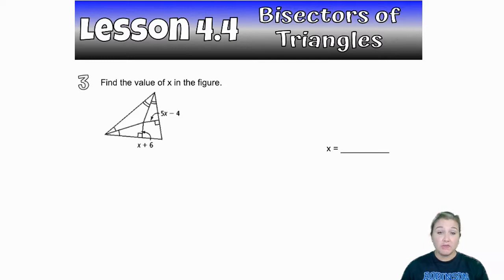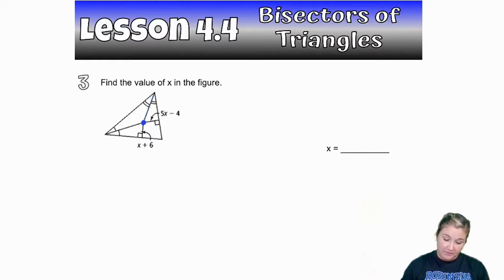All right, so we're going to solve this for the value of x. I know that this point here is the incenter because this line cuts this angle, making two congruent angles, and this line cuts this angle here, also making two congruent angles.